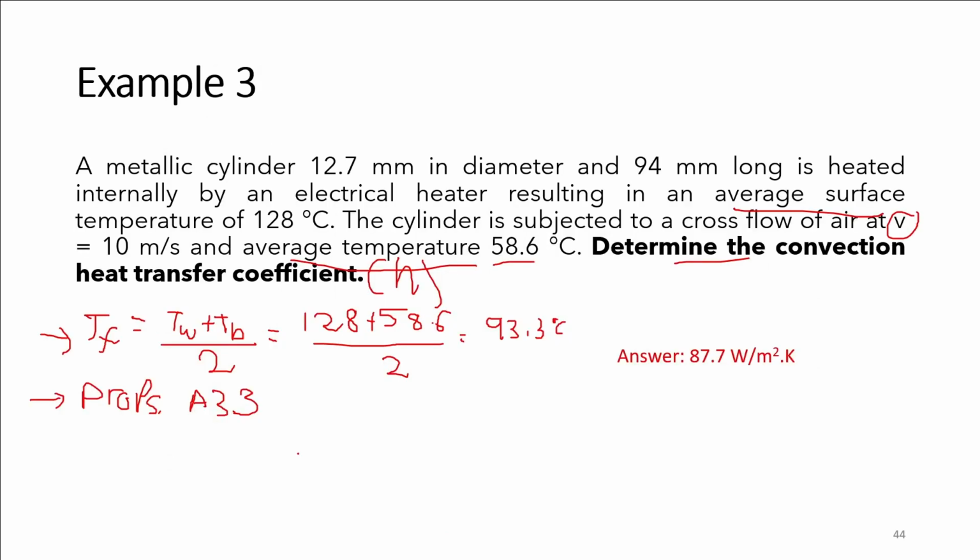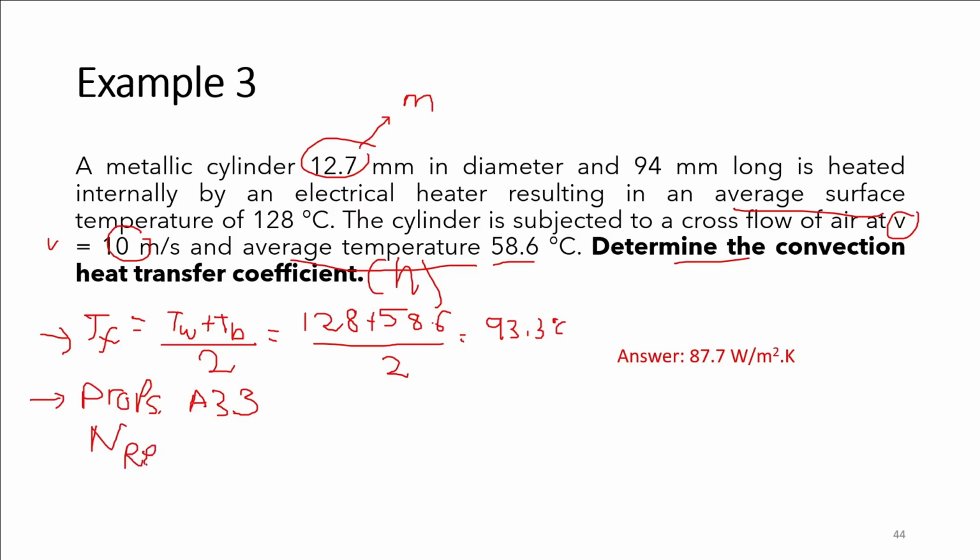We know that the diameter here you have to convert to meters, and then the velocity, which is the velocity of the fluid. Then you calculate the Reynolds number.